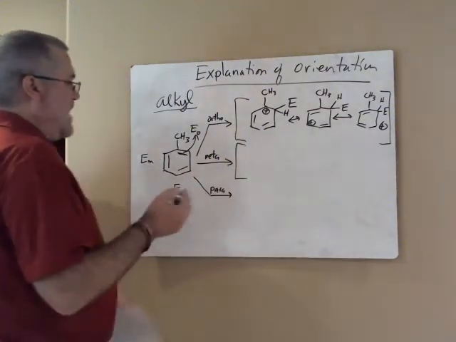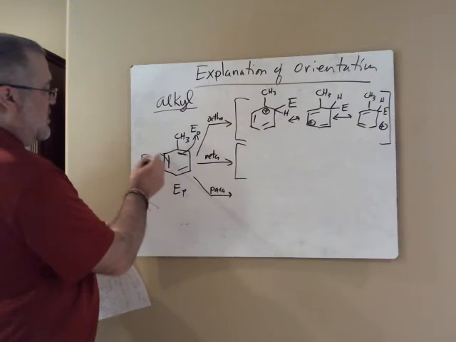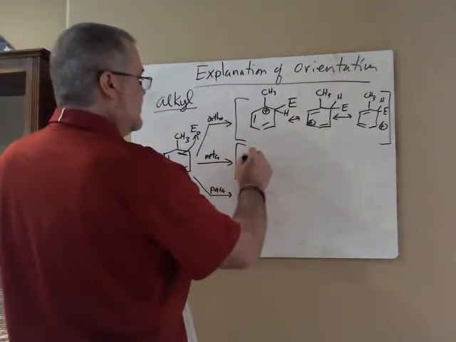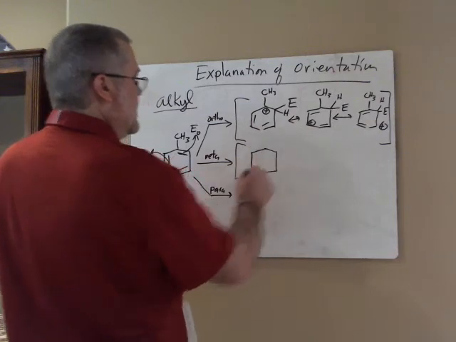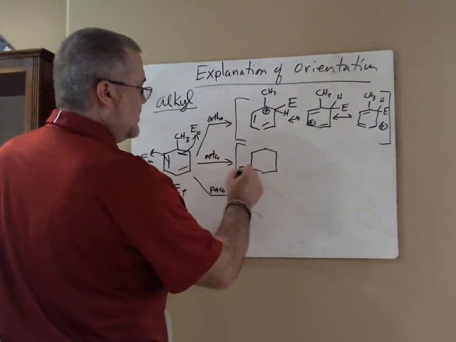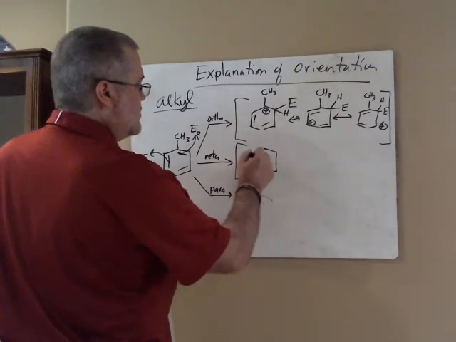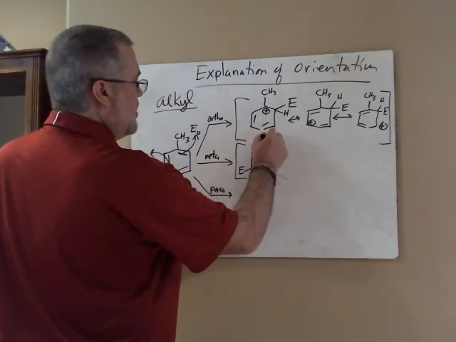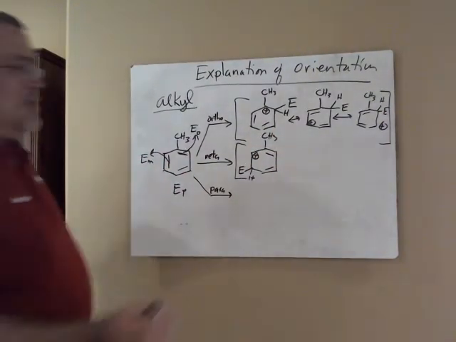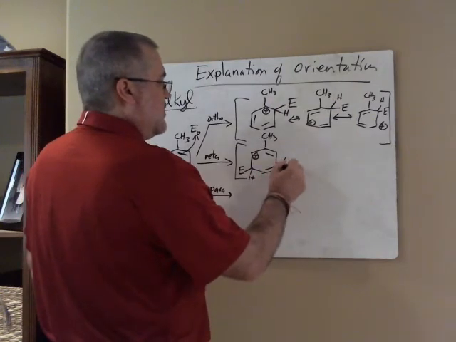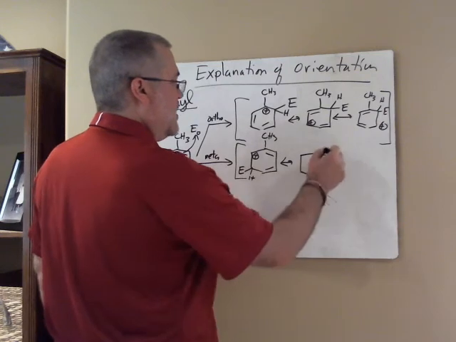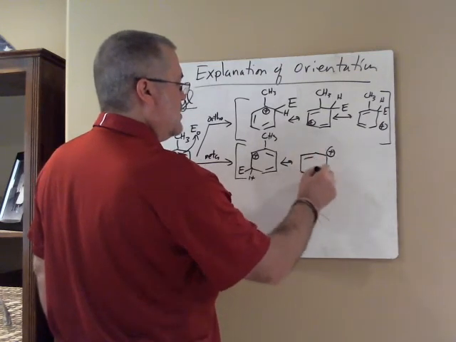If it goes to the meta position, it's going to be this one, this pi bond that breaks. And so that means I'm going to have what? The electrophile is going to end up in the meta position with its H, which means my positive charge is going to be there, and the other double bonds remain where they were. And then I can draw the resonance forms for that, which would be moving the plus charge to here.